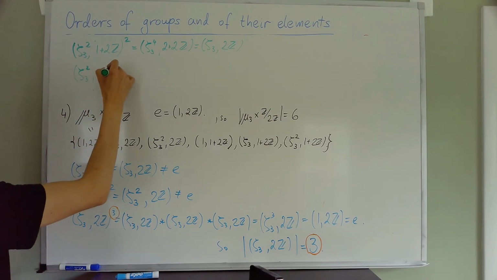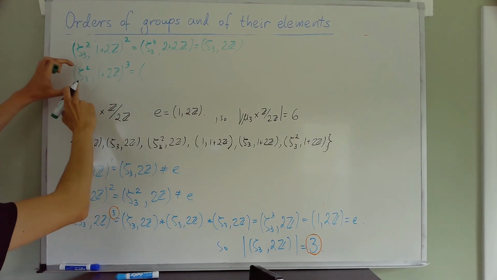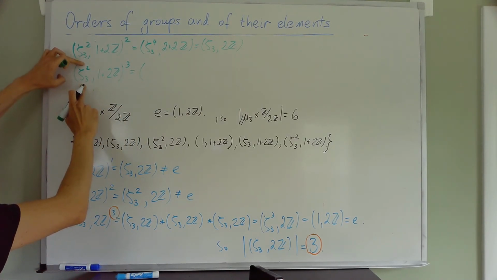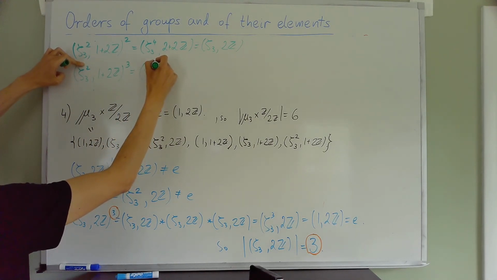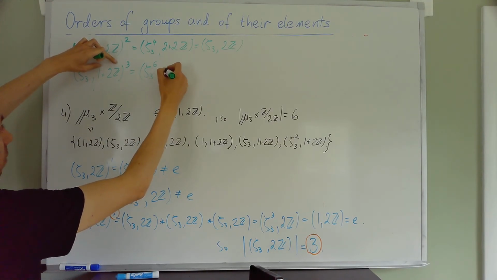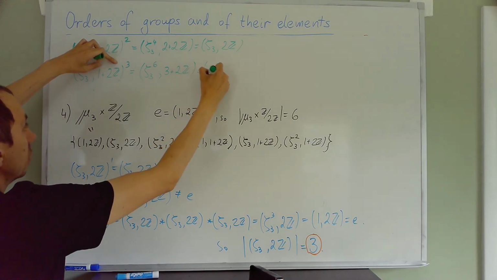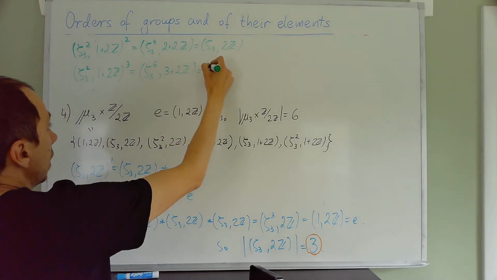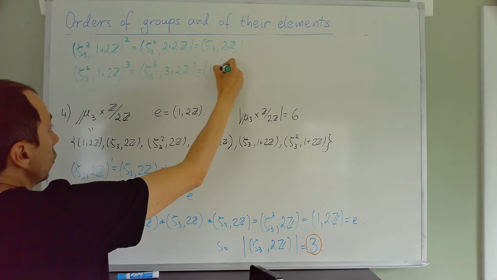All right, let's do the cube. So it's (zeta 3 squared, 1 plus 2Z) cubed. I'm multiplying the first coordinate by itself 3 times, so I'm cubing it. I get zeta 3 to the 6, and I'm adding this to itself 3 times, so it's 3 plus 2Z. That's zeta 3 to the 6, which is 1, and 1 plus 2Z.